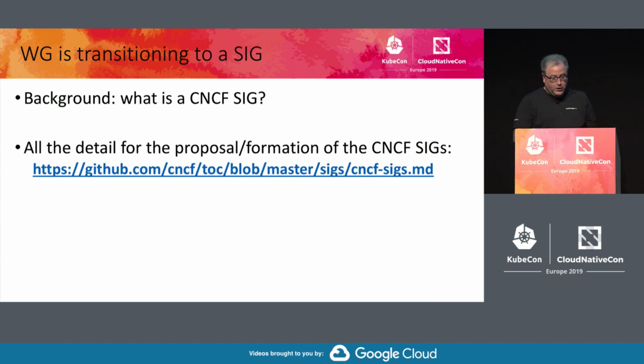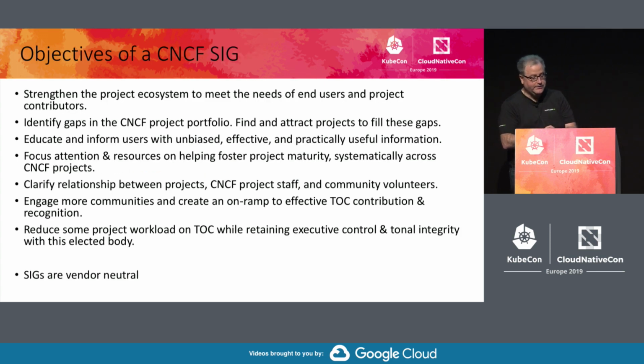So all of the information is on the CNCF GitHub, but for background, the SIG is here to help scale the CNCF. So over the last year, we now have over 400 organizations who are members of the CNCF, and another 85, maybe 90 end-user organizations have also joined.